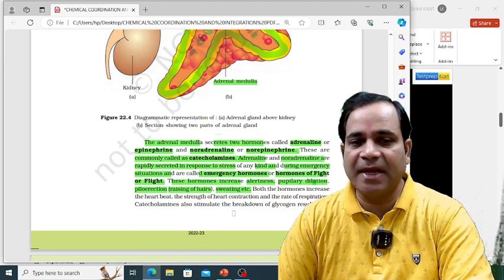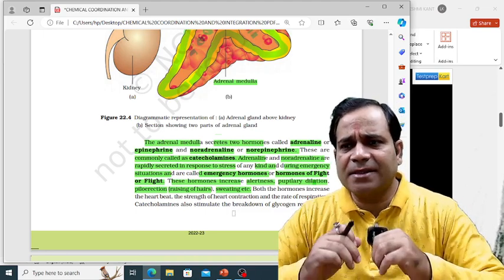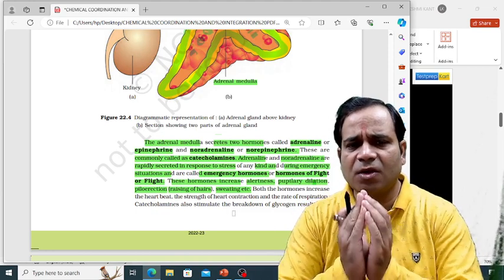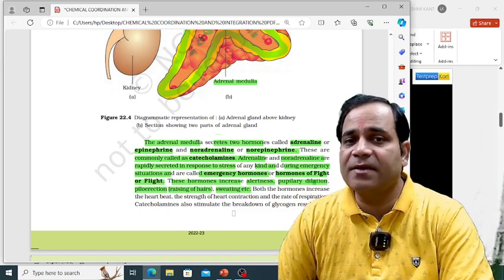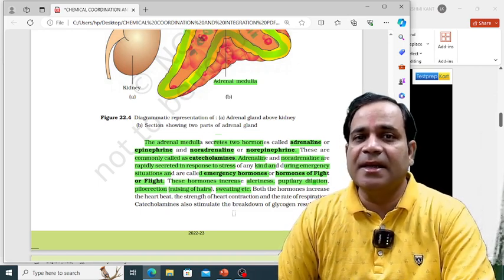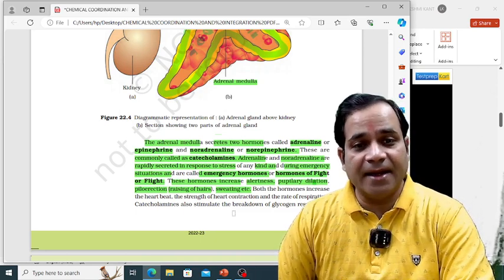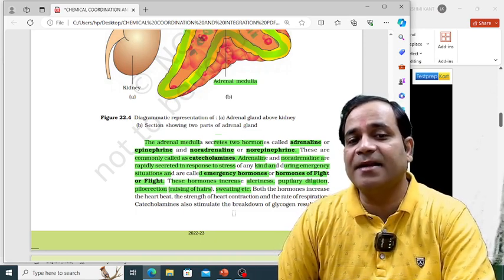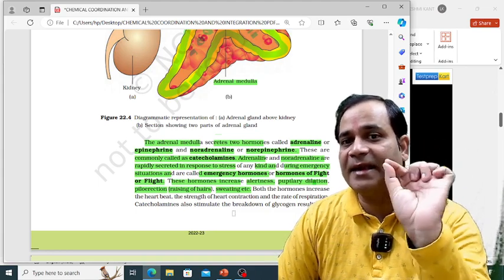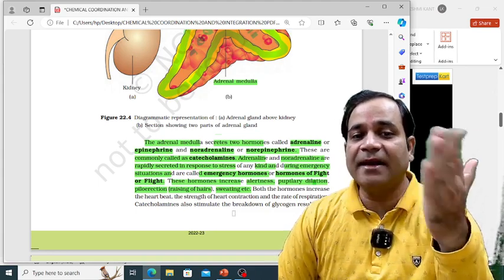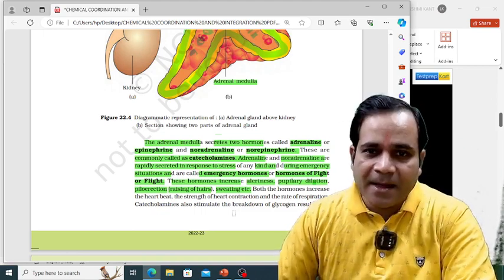At the time of danger, excitement, or stress, when a very quick reaction is needed, this hormone is secreted from the adrenal gland: adrenaline and noradrenaline.